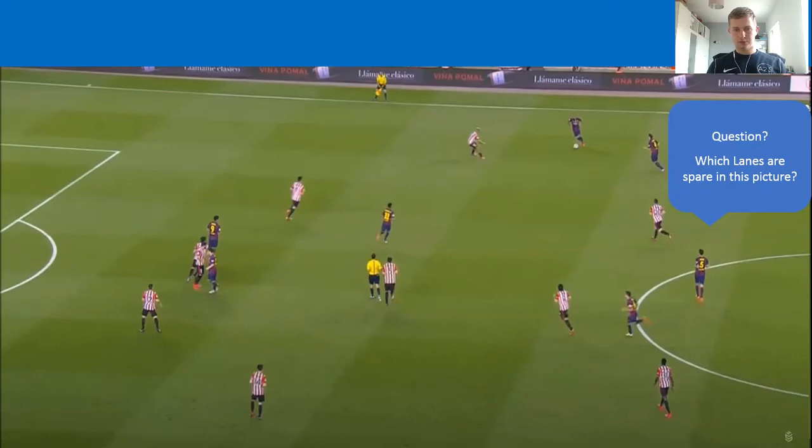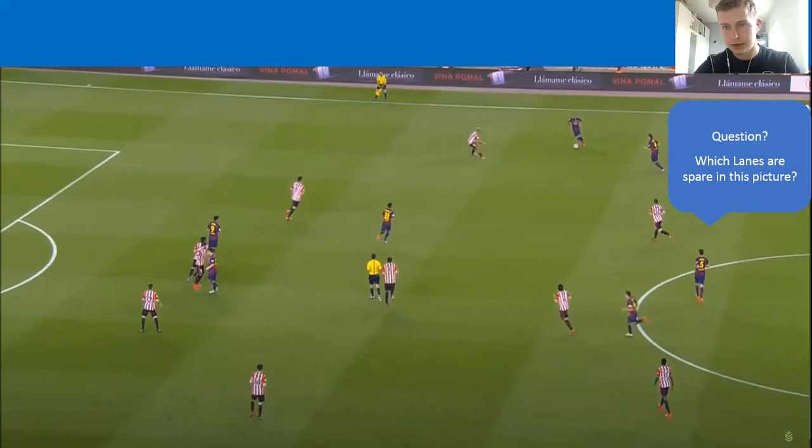Felix, 1 and 2. 1 and 4 again. Pierce, lane 2 between the triangle of defenders. Yeah, that's a good spot, if you like. That's probably more of a little pocket, I would say, that little triangle of defenders. But yeah, that's definitely a space where you can position yourself.